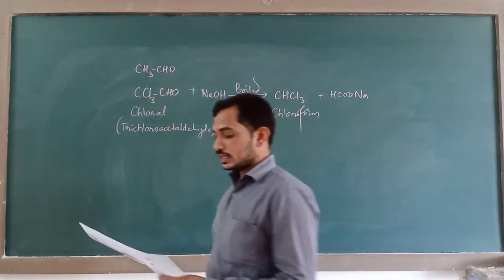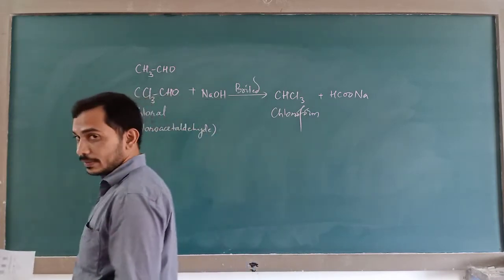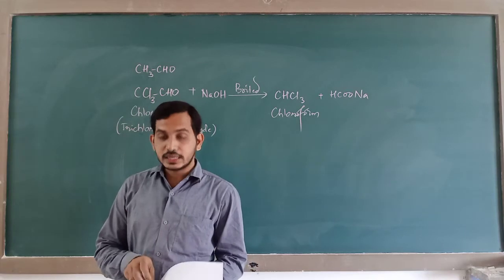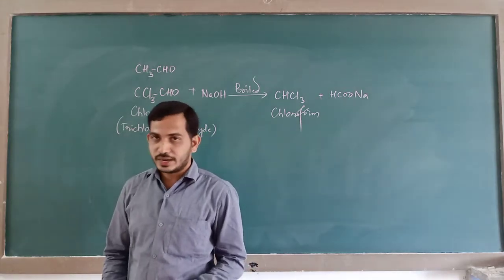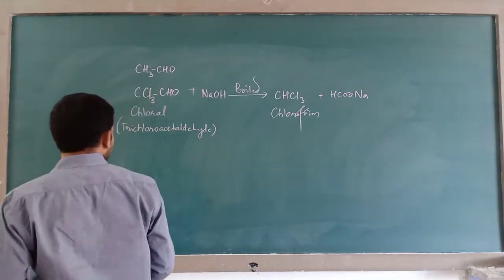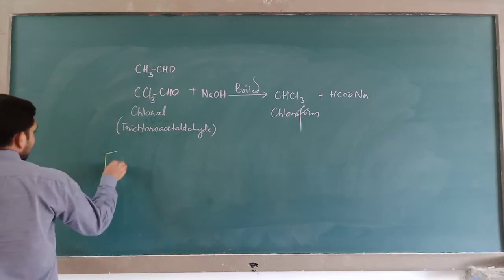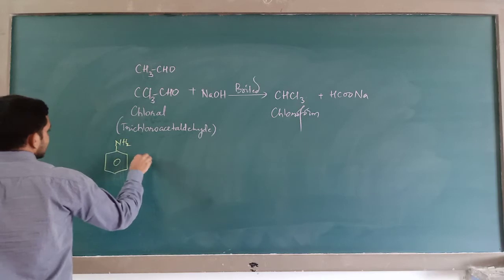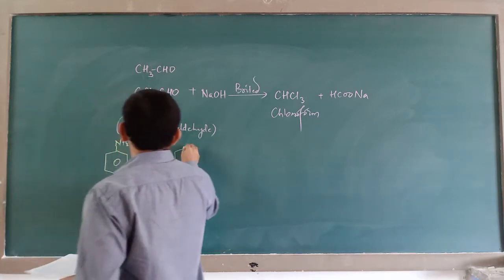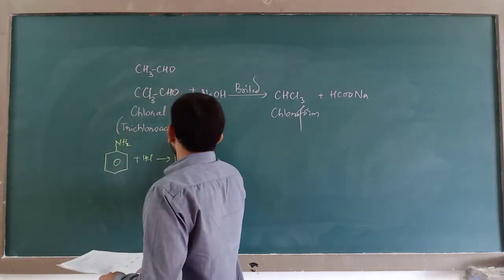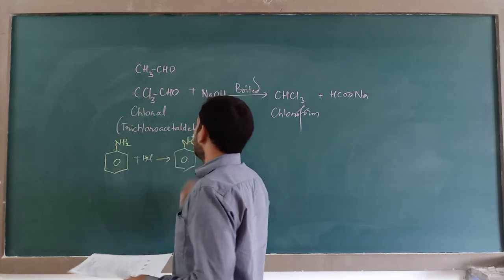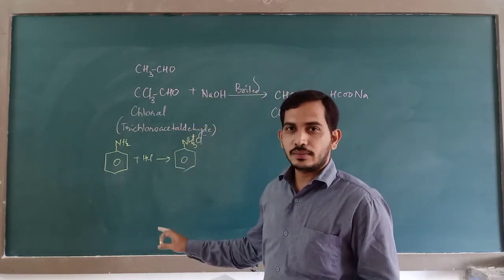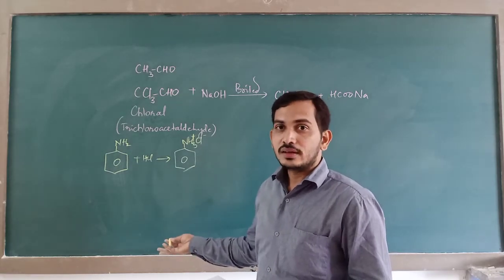The first option is HCl, not possible, because simply reacting aniline with HCl gives you anilinium hydrochloride. Let us try them. If this is our first option, aniline plus HCl, you will get anilinium hydrochloride. So this is not the method to prepare chlorobenzene.